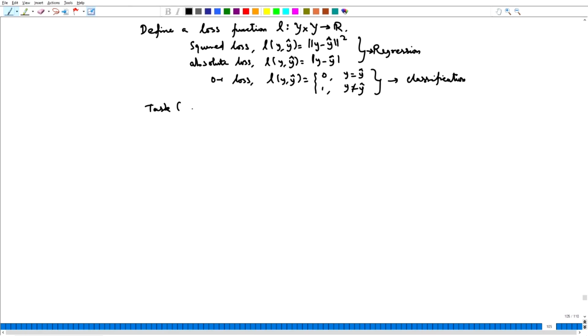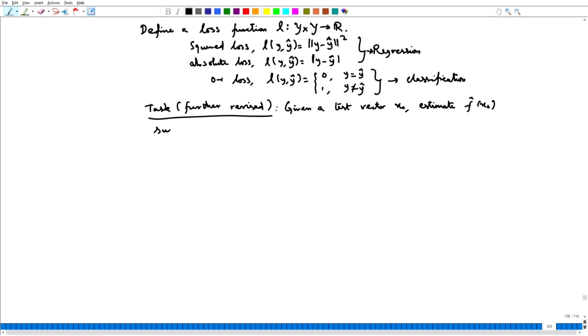Further revised: given a test vector x naught, estimate f hat of x naught such that L of f of x naught comma f hat of x naught is minimized.